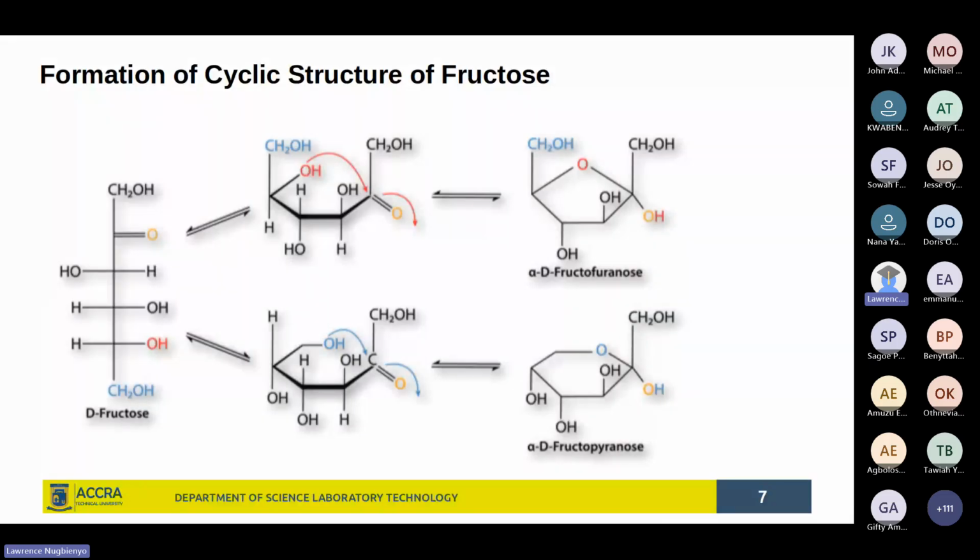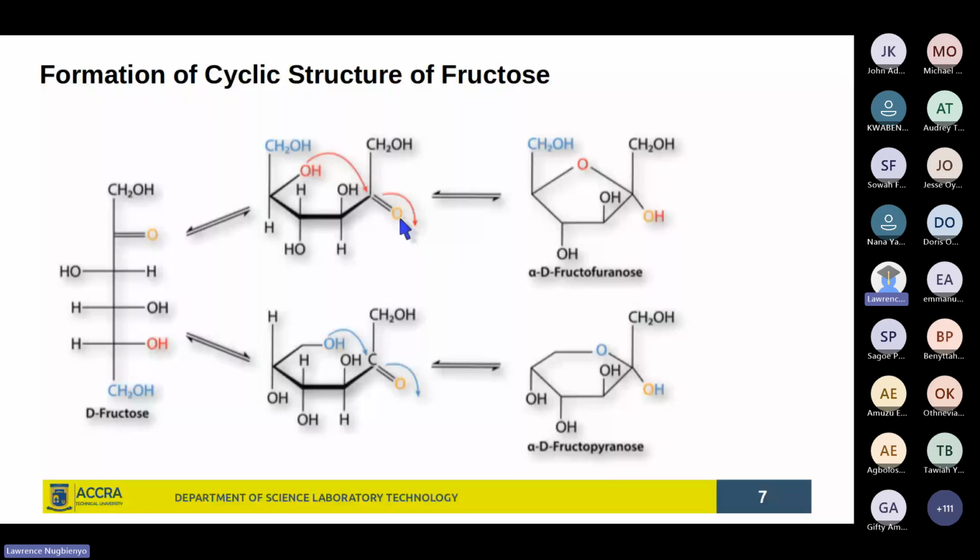So this is an example of such. We see that the hydroxyl group on carbon number 5 can interact with that ketone group, where the hydrogen of the hydroxyl group reduces the oxygen.